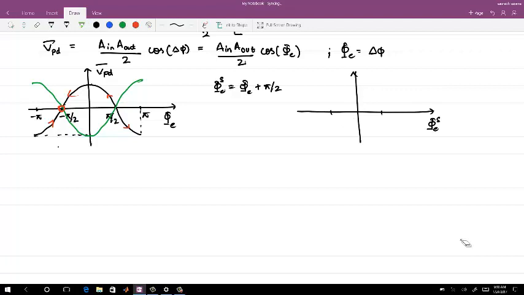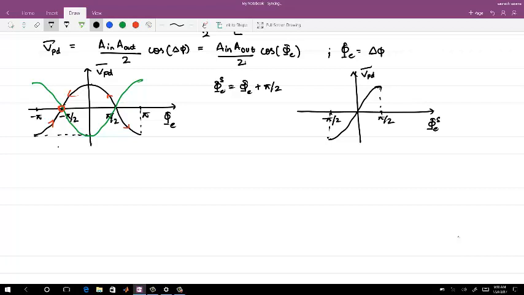Okay, this is no more a sinusoidal, but minus pi by 2 and pi by 2. It's just a translation.